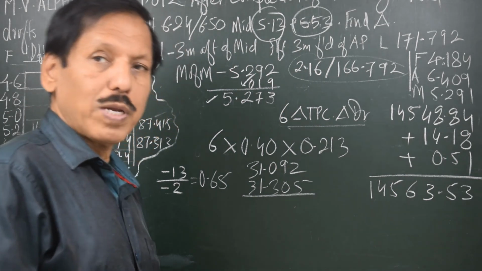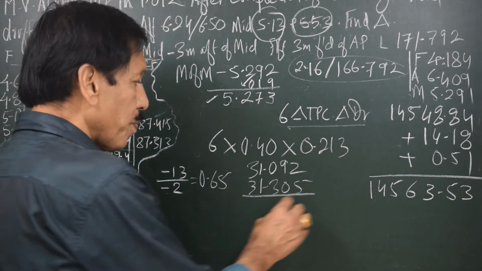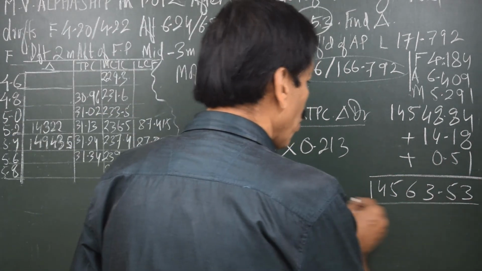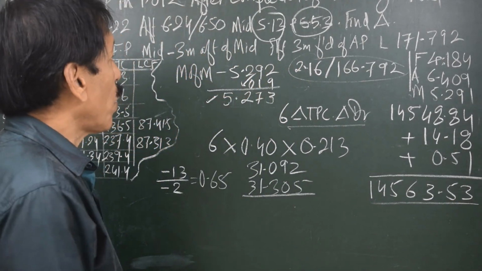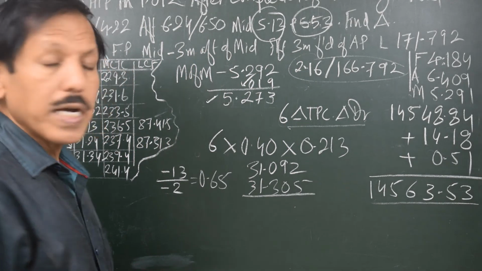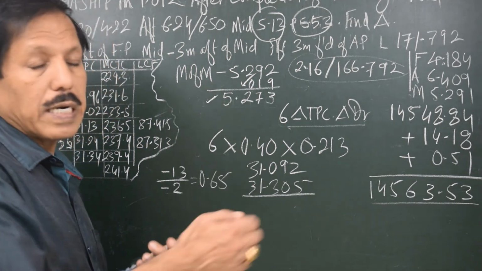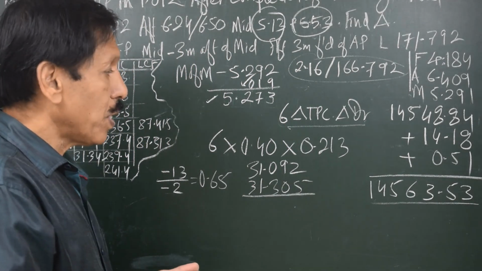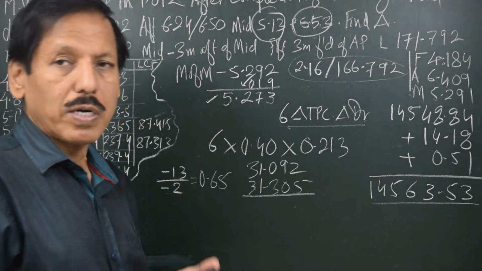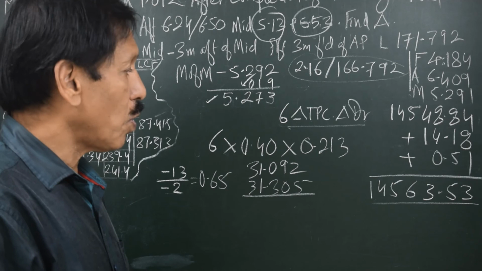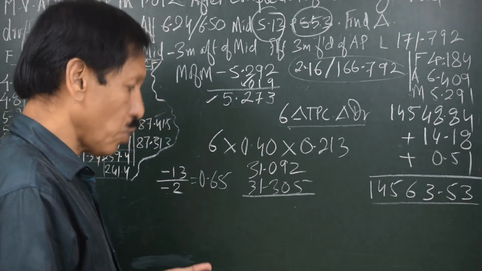14563.53 would be the displacement if the vessel was floating in salt water, but the vessel is not floating in salt water. The dock water density is 1.012. To get the correct displacement, we must multiply with the dock water density and divide by salt water density, because the tables are made for salt water.